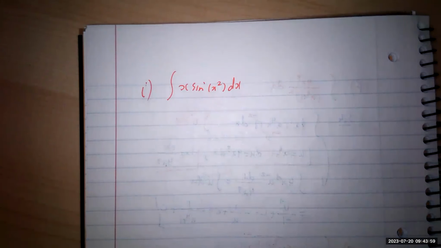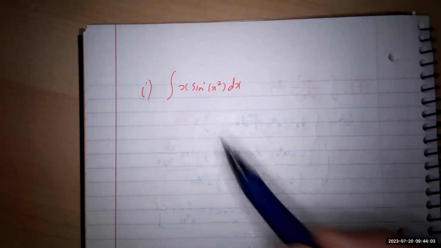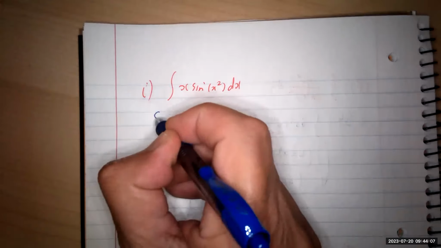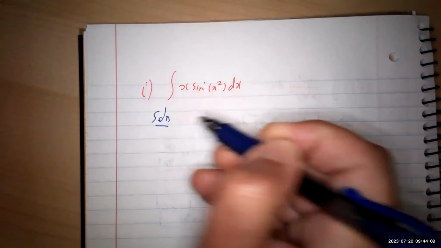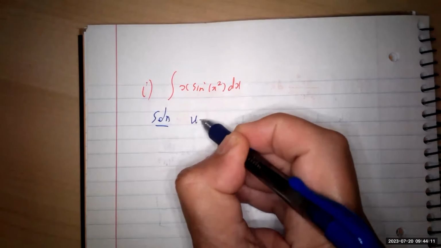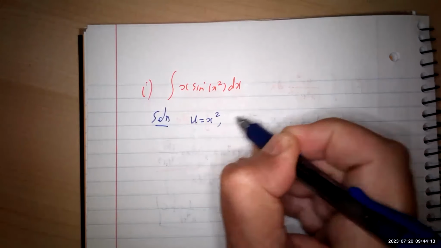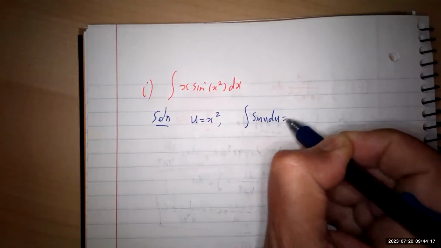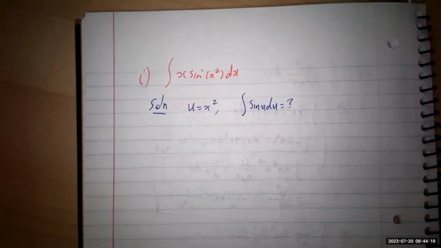So these are the ones that you should know all of them. But this would be easy. Again, we can do only sine u. You take the u to be x squared. And the target is sine u du. When it's a sine, integral of a sine would be negative cosine.